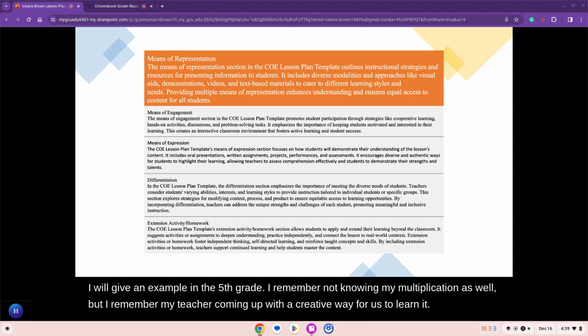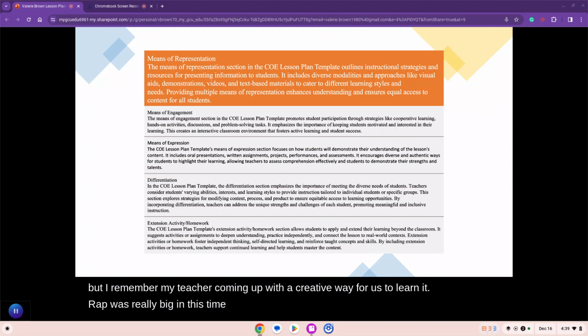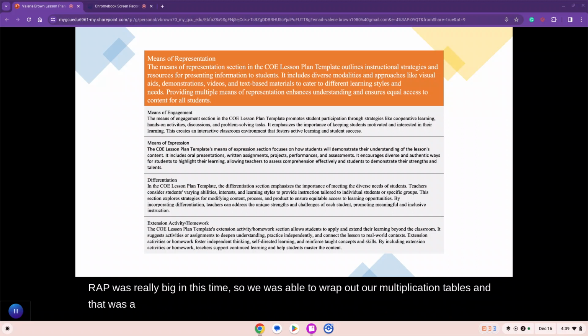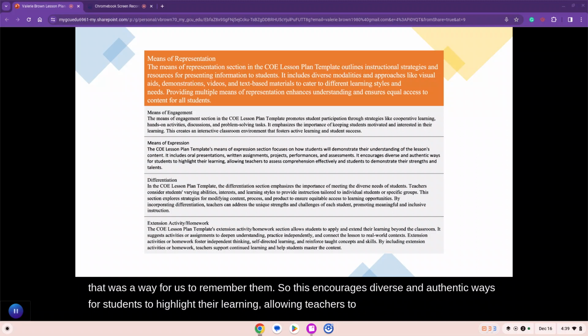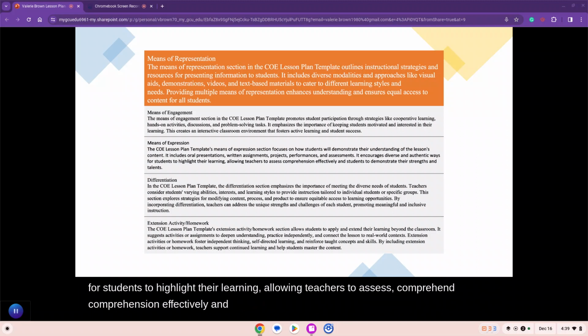Rap was really big at this time, so we were able to rap out our multiplication tables, and that was a way for us to remember them. So this encourages diverse and authentic ways for students to highlight their learning, allowing teachers to assess comprehension effectively, and students to demonstrate their strengths and talents.